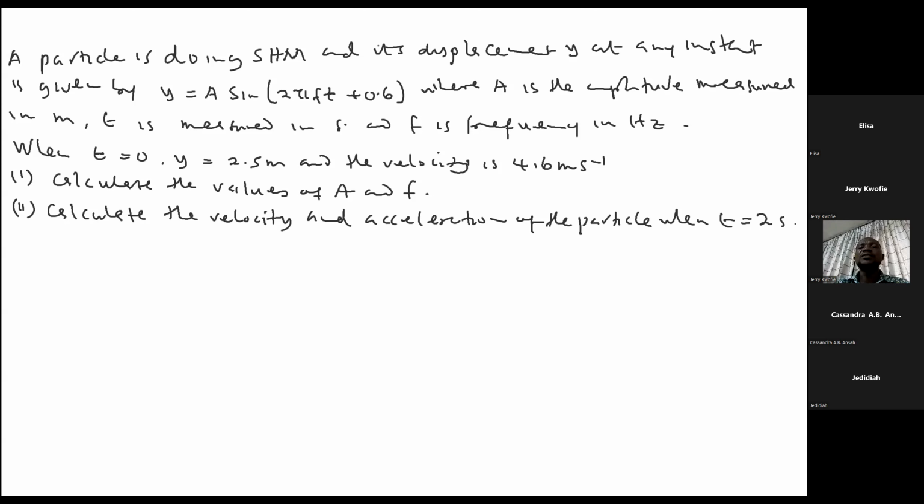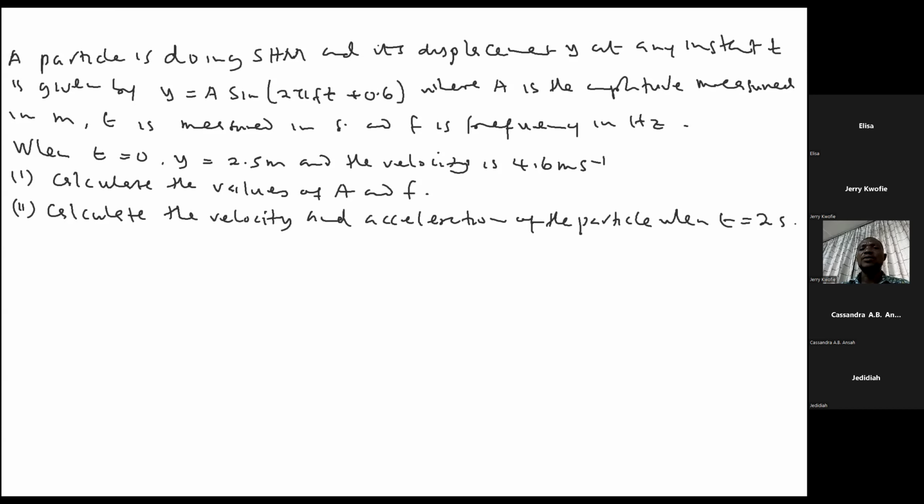I'll read one more time. A particle is doing SHM and its displacement y at any instant t is given by y equal to A sine (2 pi f t plus 0.6), where A is amplitude measured in meters, t is measured in seconds, f is frequency in hertz.